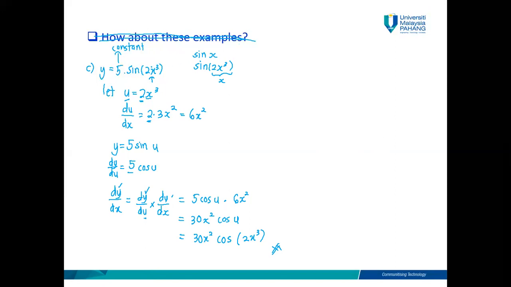Kalau sini 4x, sini pun akan jadi 4x. Okay? That is chain rule, the first technique of differentiation. Kita ada lagi teknik-teknik yang lain, which is the product rule, quotient rule. Alright, so we will see later. Okay, see you.